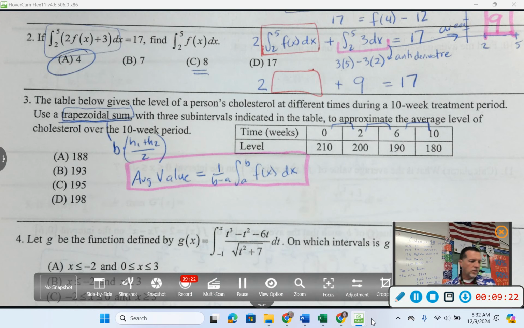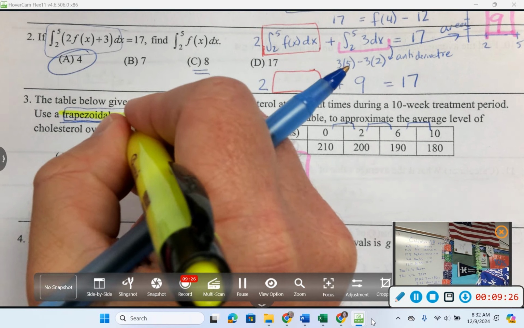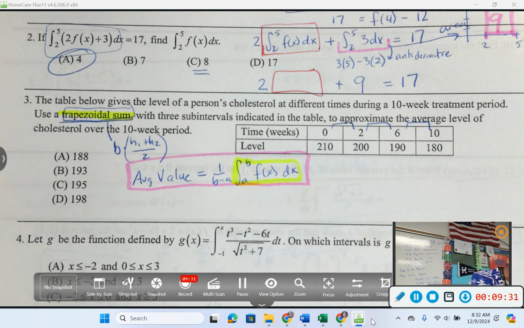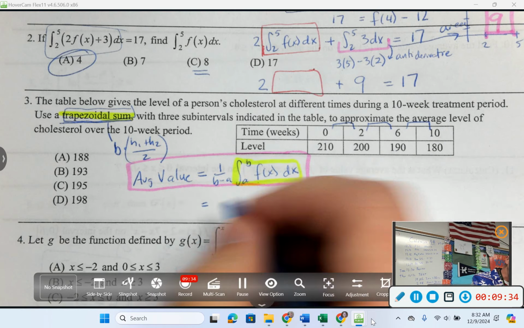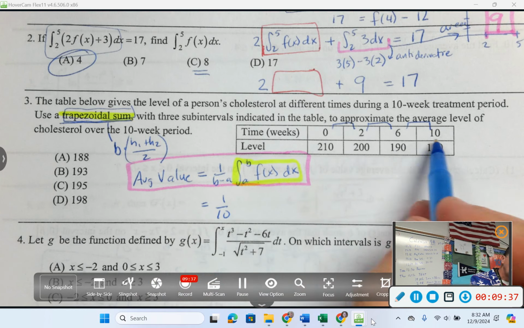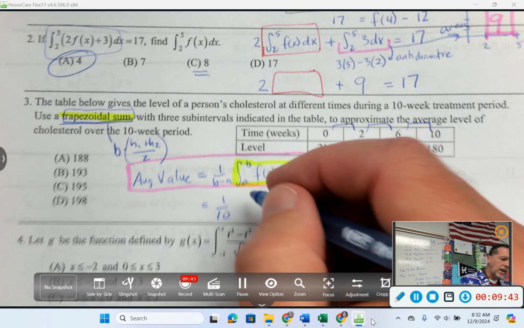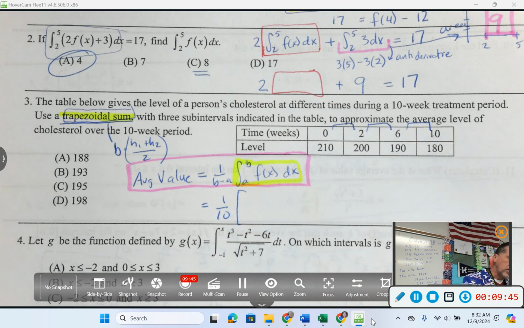The trapezoidal thing comes in. We can use the trapezoidal sum to approximate that part of it. So I still have the 1 over 10 out front, because that's the full width. And then we'll approximate the area with trapezoids.